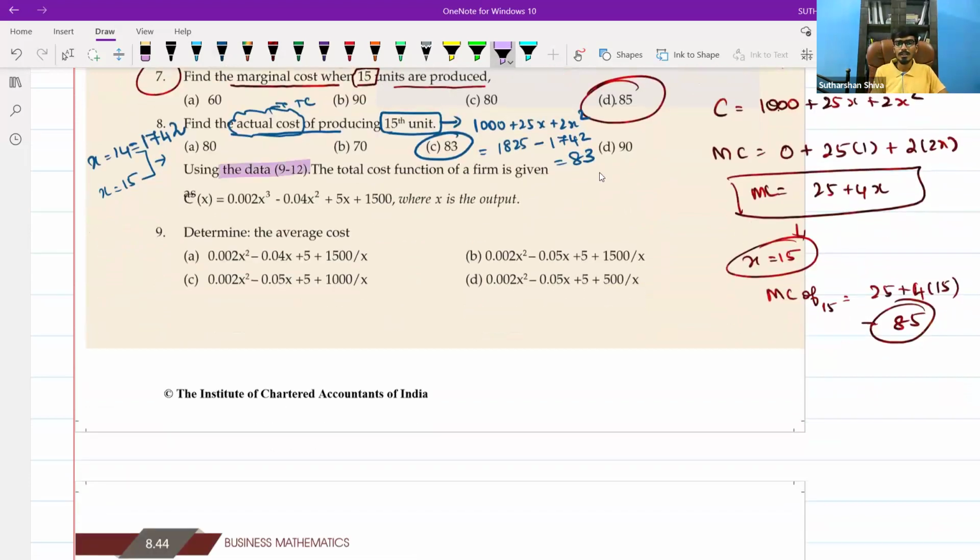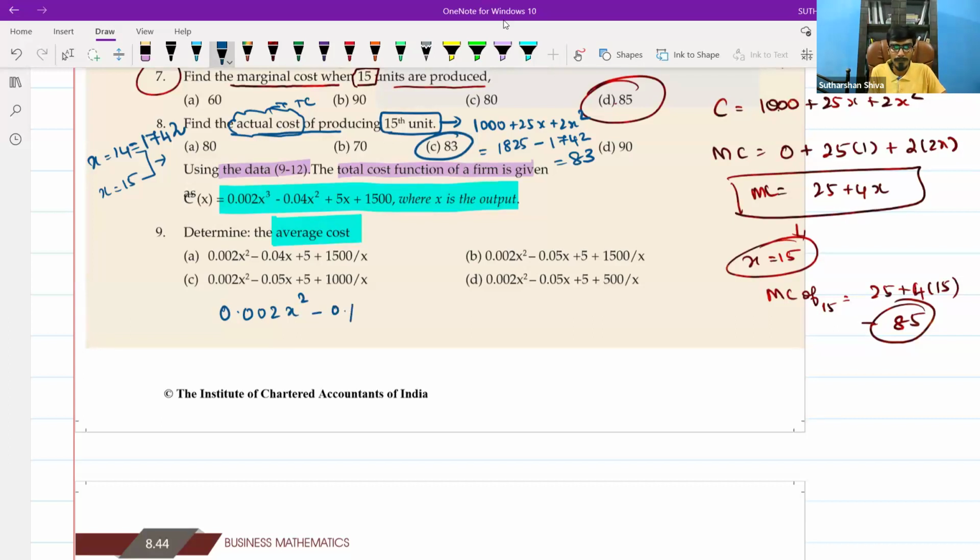Then question number 9 to 12. Using the given data for 9 to 12, the total cost function of a firm is given, where x is the output. They are asking for average cost. Now tell me, average cost, I will divide it by x. Correct? 0.002x cube is there. If I divide by x, it will become x square, 0.04x square will become 0.04x, because average cost is nothing but C by x.